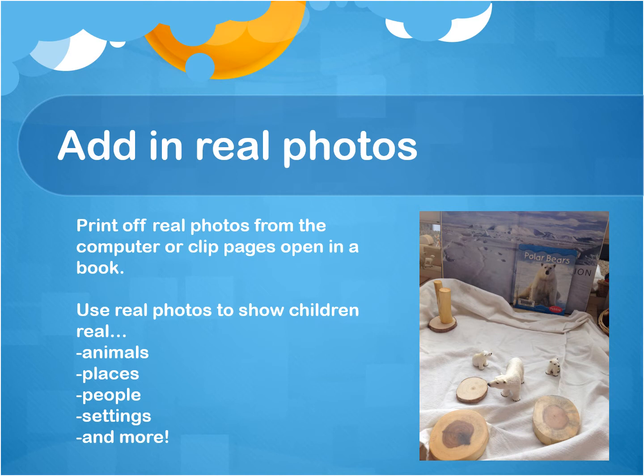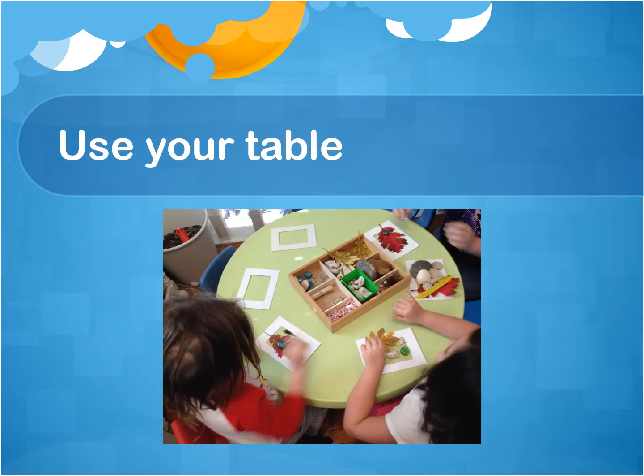So you can print off real photos of animals, places, people, settings, and more. Whatever your kids are interested in, if it deals with nonfiction, print off real photos to include in your invitation.